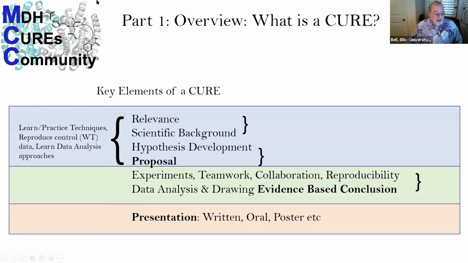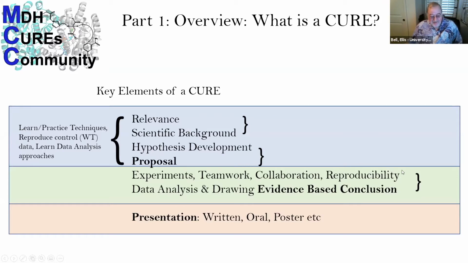A cure really consists of 3 blocks of components. The first I like to think about as ending in a proposal, and you address issues of relevant scientific background and hypothesis development. The second block is where you do the experiments, and it often involves teamwork and collaboration.